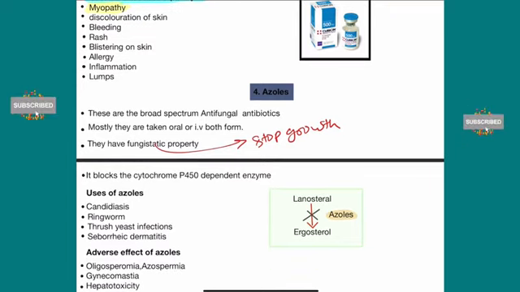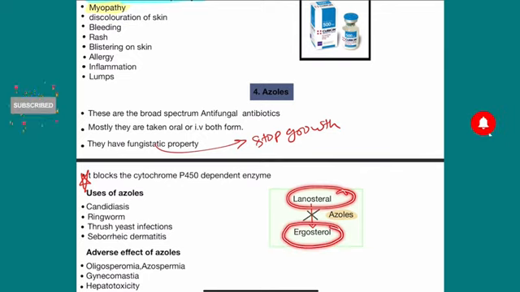They block the cytochrome P450 dependent enzyme. Please learn this, it's very important. If we block this, then lanosterol is not converted into ergosterol.